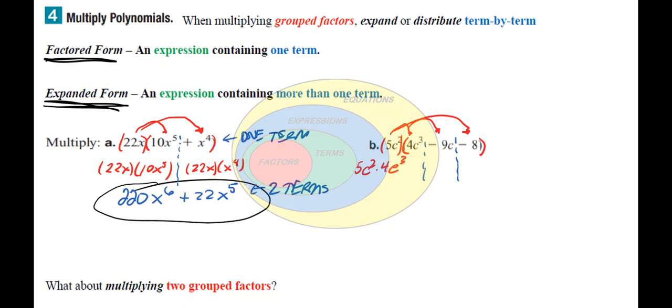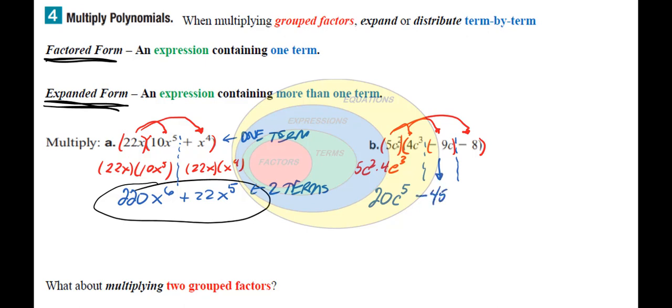When I multiply this together, 5 times 4 is 20, and c squared and c cubed would be c to the fifth. It's just 5 factors of c. The next term, the factors are negative 9c times 5c squared. If I multiply 5 times negative 9, I get a negative 45.